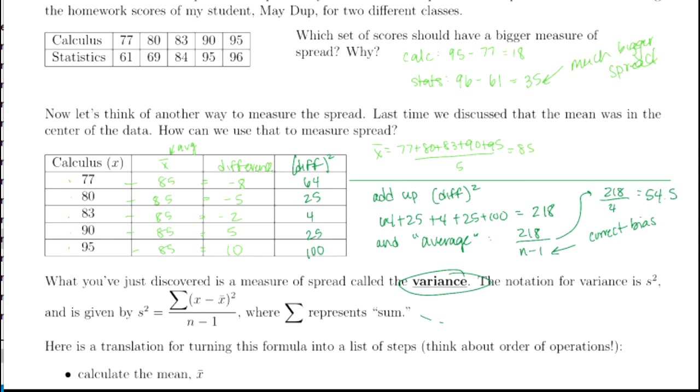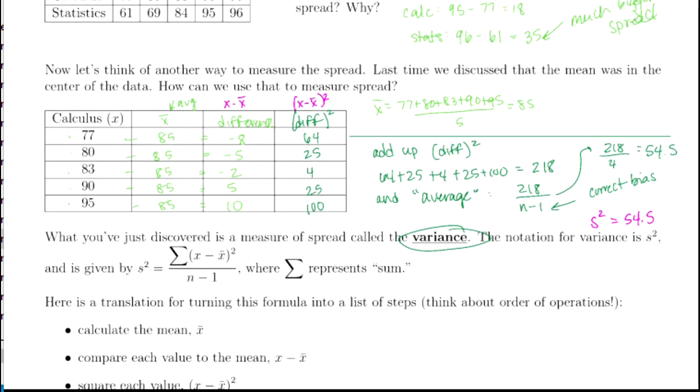This is x minus x bar. This is x minus x bar squared. And then we added all of those up and we divided by n minus 1. That's what this notation means. That's all. So the variance of our data set is s squared equals 54.5.